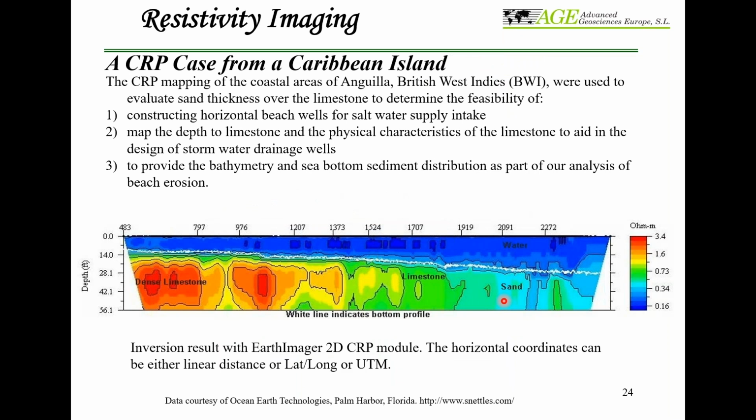This is another CRP measurement. You can see here the temperature line at the top, and Earth Imager 2D not only shows the distance, but also the coordinates on the top, like UTM or latitude and longitude, on the line if you want.